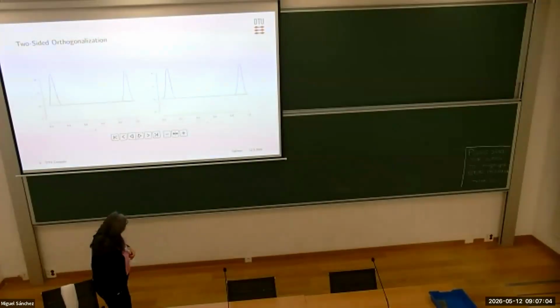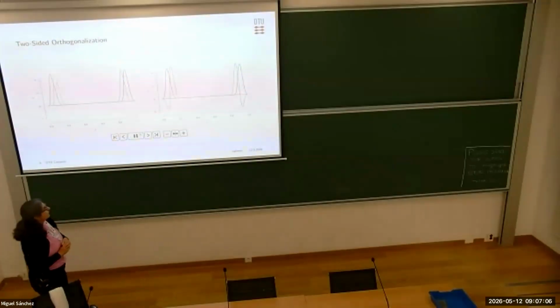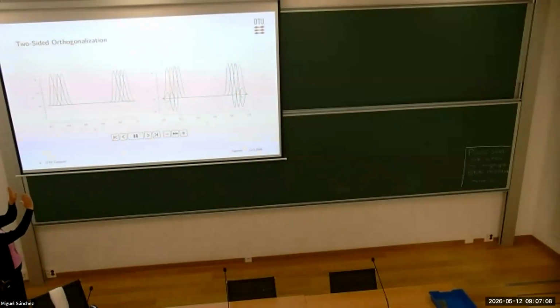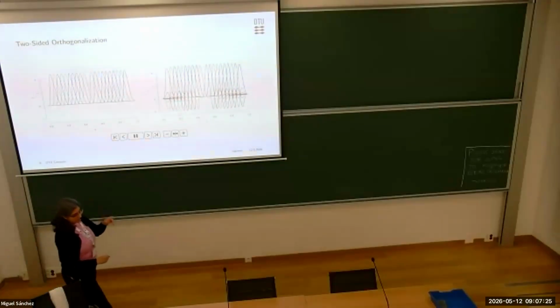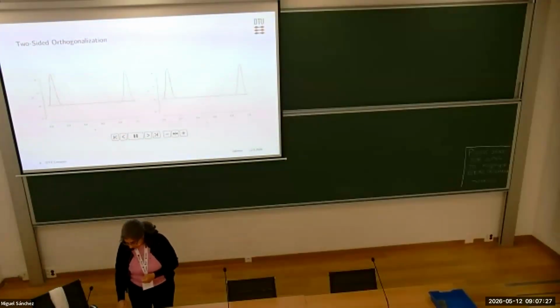So let's see how they orthogonalize. It keeps the symmetry. It's very nice, but still the support is growing, and we lose the locality again. But it's nice because we have the symmetry. So the splines are still aligned with both sides. But also we've lost the locality of B-splines.